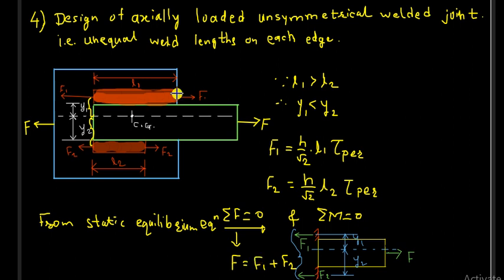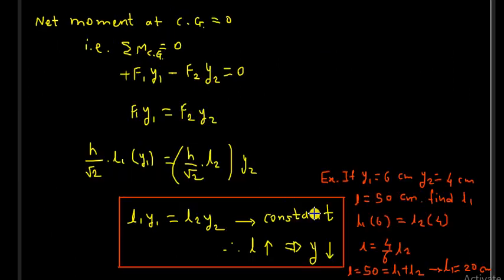Here you can see F1 is the force acting on length L1 and F2 is the force acting on length L2. Let us say these are the resisting forces which are resisting the applied force F, right? From this we will get the equation F1 Y1 equal to F2 Y2.